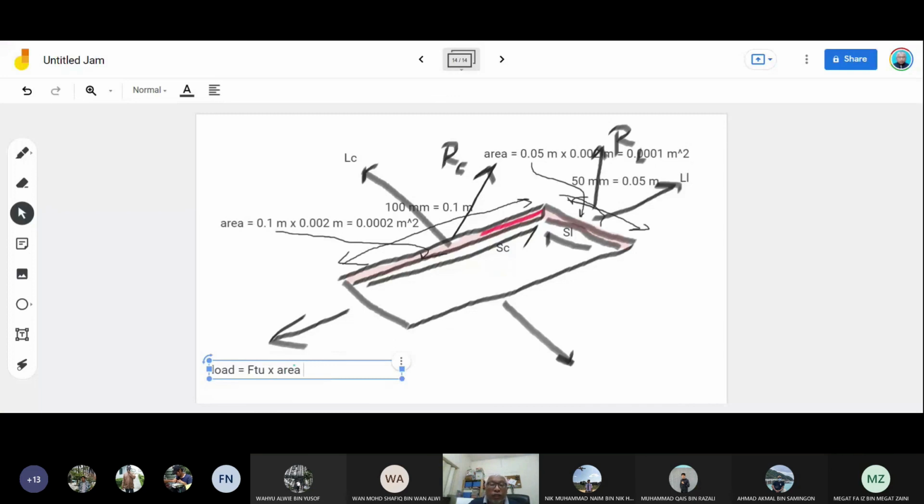FTU tension we agreed is 405 megapascal. Area will be 0.0002 meter squared.